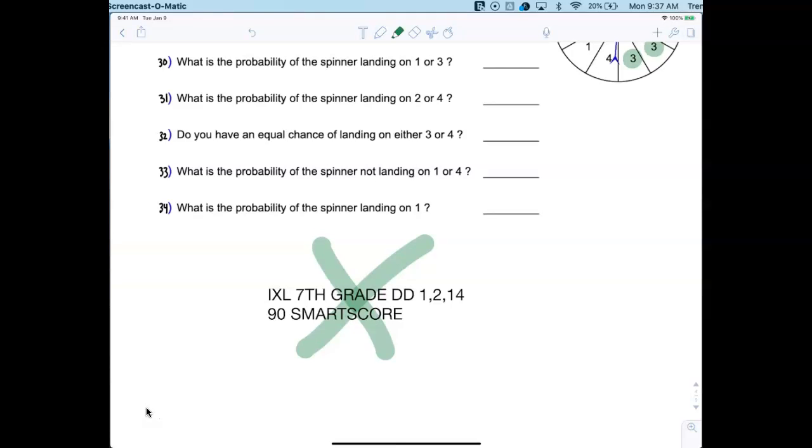I want you to give it a good shot. If you don't know how to do it, come see me in the morning. Hopefully you got a better feeling about simple probability. All right, good job. No IXL. Just finish the worksheets. You do need it. I'm not arguing with you. Get to work. Go ahead.